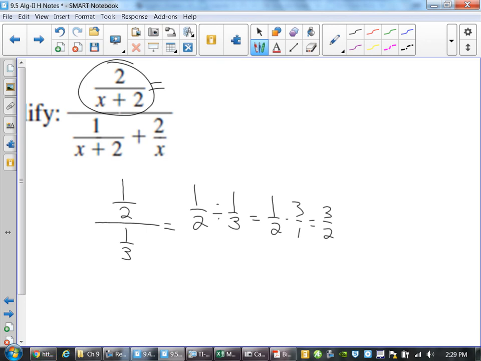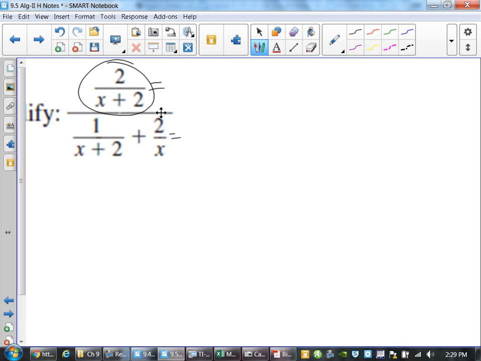But here, I need to add these two together, which means I have to get a common denominator. So when I start these types of problems, I normally write them out vertically, because you have to do a lot of addition between these, but then break it into smaller problems.